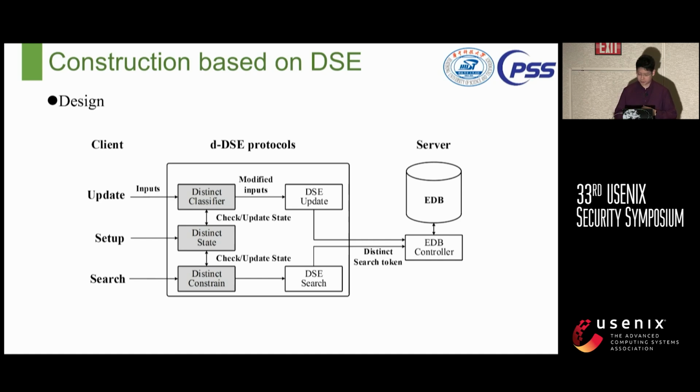The distinct classifier saves how many distinct values are in our input, and then the distinct constraint will remove the other repetitive values from the DSE input. And at last, if we want to retrieve the keyword queries, we can restore the number of all values from the distinct constraint and the distinct states.